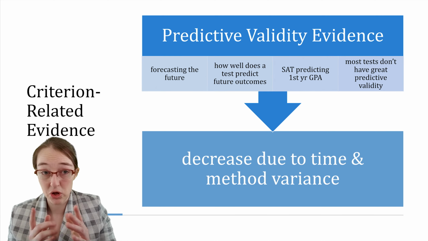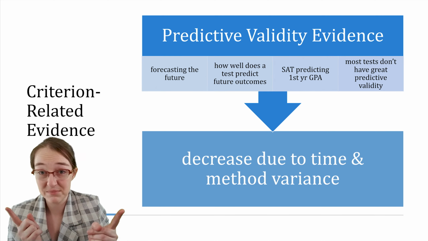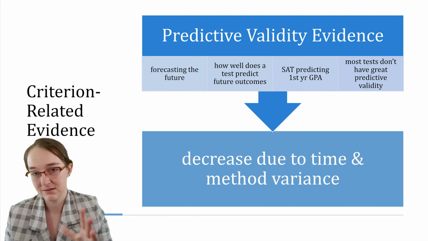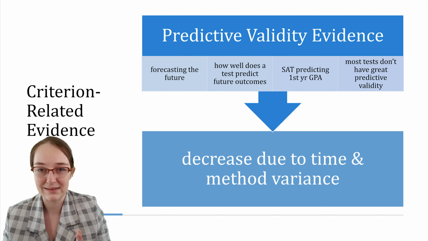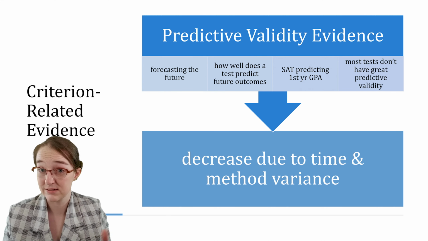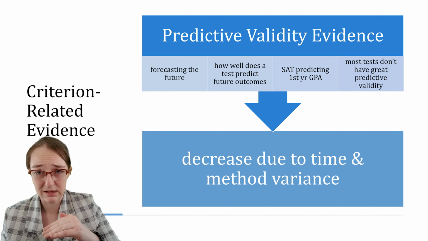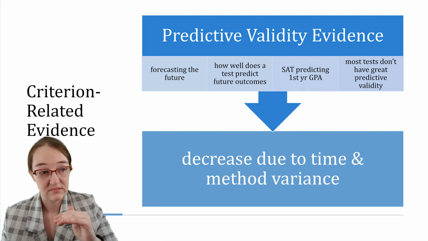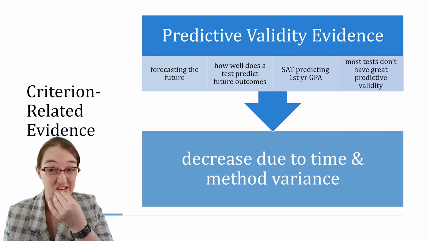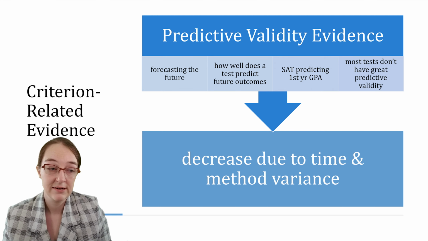And the longer time span you have, the lower your correlation is just going to be because of developmental changes and things like that. It's the same kinds of challenges as test-retest. The longer the span of time, the lower the correlation is going to be, even for super stable traits.